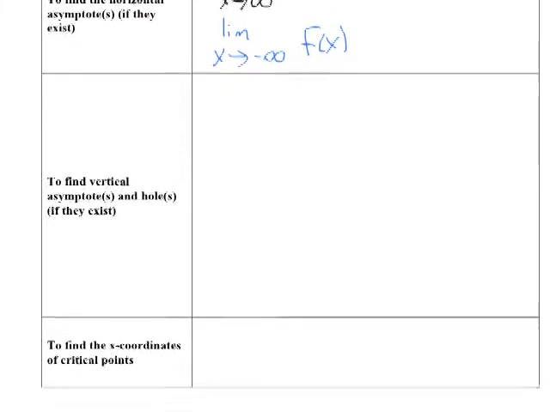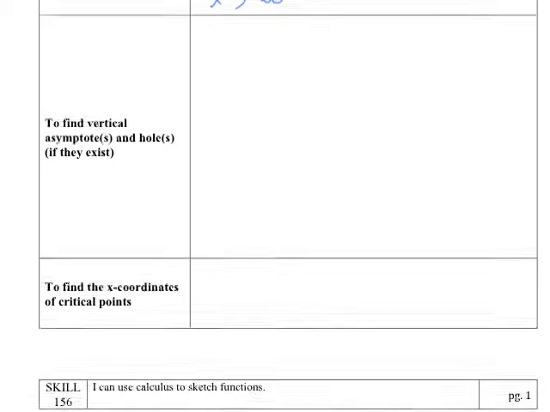To find a vertical asymptote and holes, if they exist. This one's actually a little bit more challenging, but first you want to find discontinuities and then identify what type of discontinuity it is.